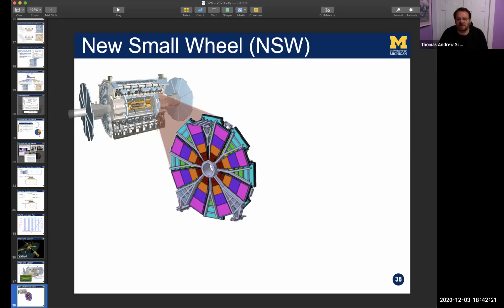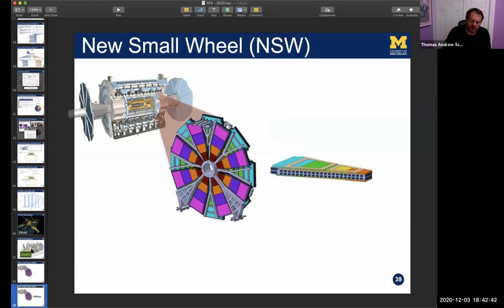The only point of this thing is it's able to handle higher rates of particles coming at it, both by detecting them, but also surviving, because there's a lot of radiation. And so a lot of the electronics and detectors will die after a period of time from too much radiation. So they need to be more radiation hard and faster. So this is an active project that's going on right now, and they're building this.